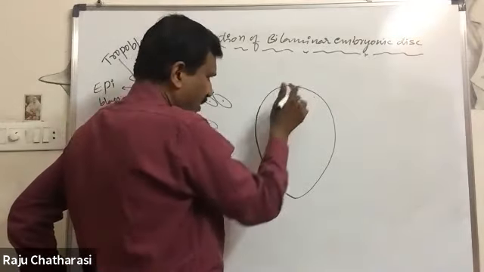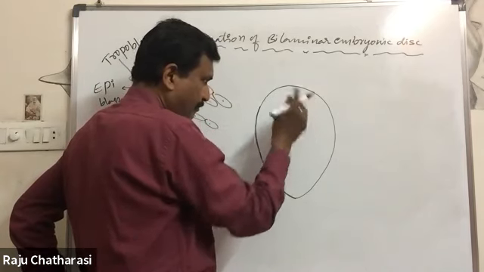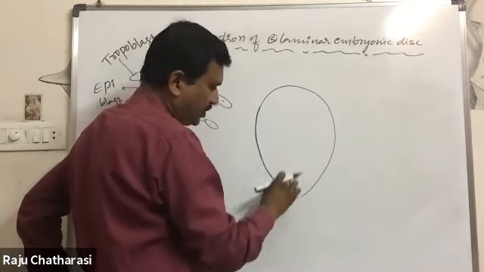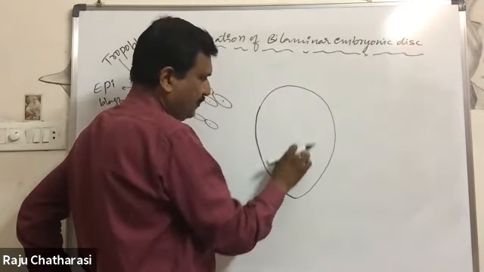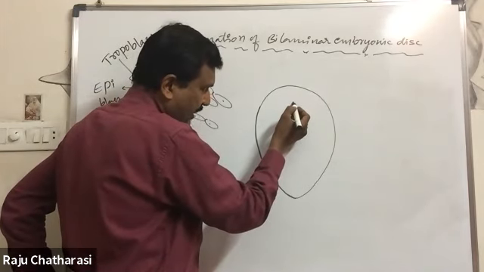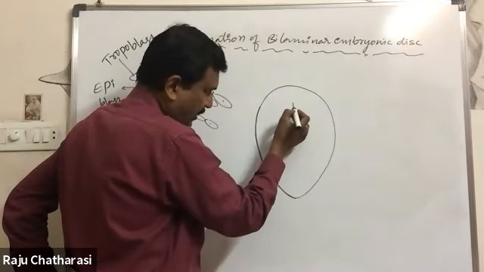Next, on the middle portion of this embryonic disc, a primitive streak appears like this. A longitudinal streak appears.